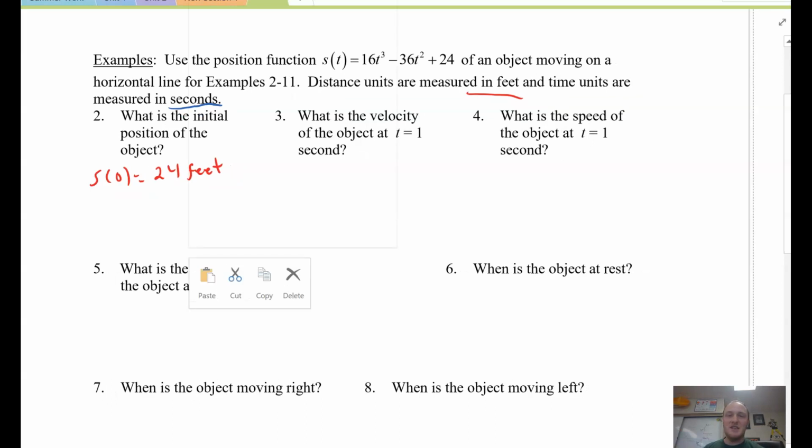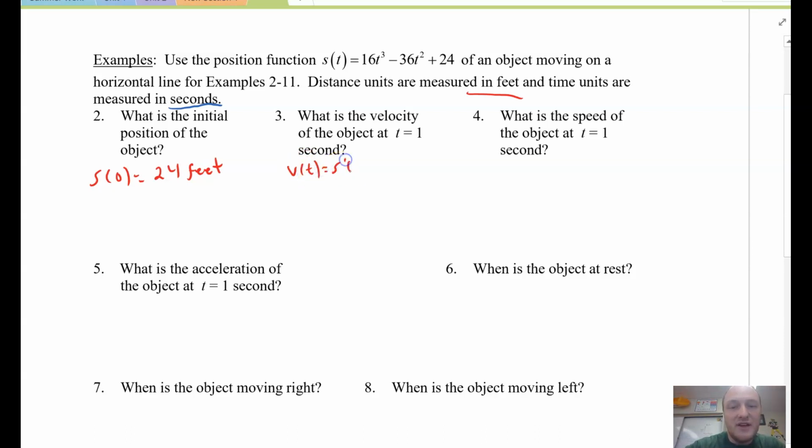Number 3, what is the velocity of the object at t equals 1 second? Well, in order to get the velocity, we have to take the derivative of s of t. We're just going to use the power rule here, and we'll get 3 times 16 gives us 48 t squared, minus 2 times 36, that's 72 t.